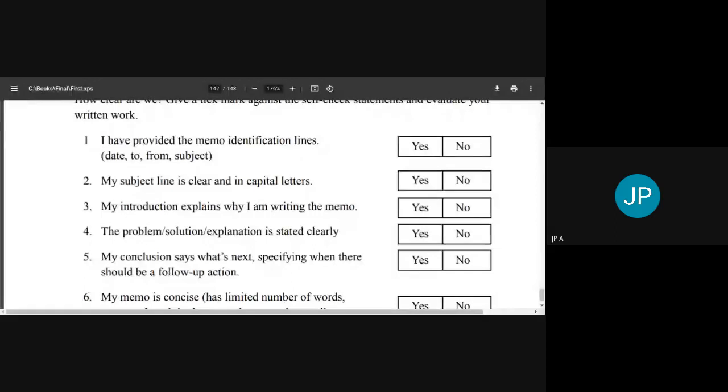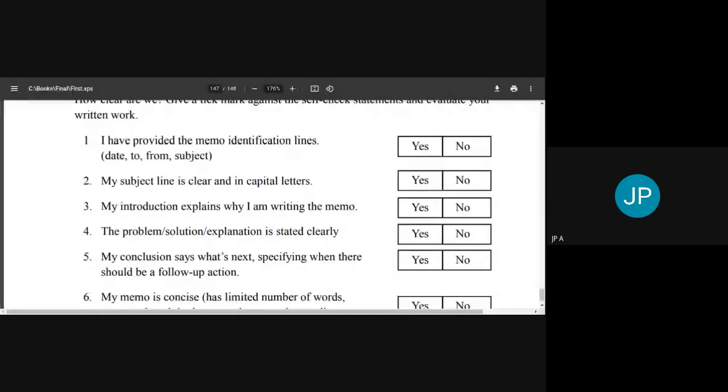So in one or two sentences, we should be able to explain the problem or give the solution very clearly. And when we finish the memo, our conclusion should clearly specify what is next and how we are going to follow up.